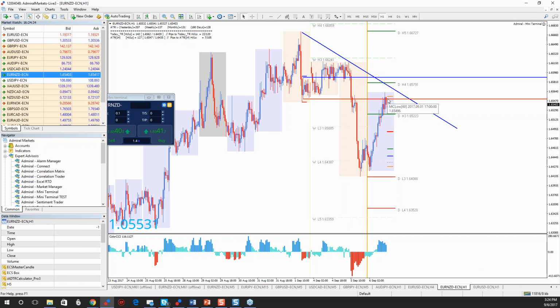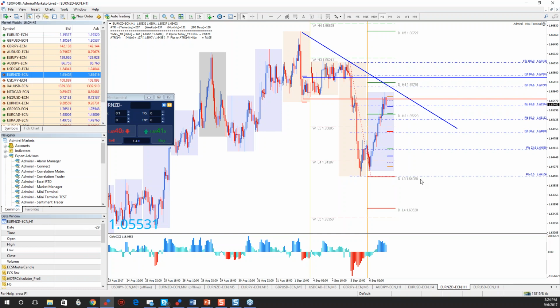But Euro New Zealand is a nasty pair indeed. Let's see. I think this is Fibonacci. Maybe I will trade this one. Yeah, it looks like it could reject, but I would rather wait for this hourly close.